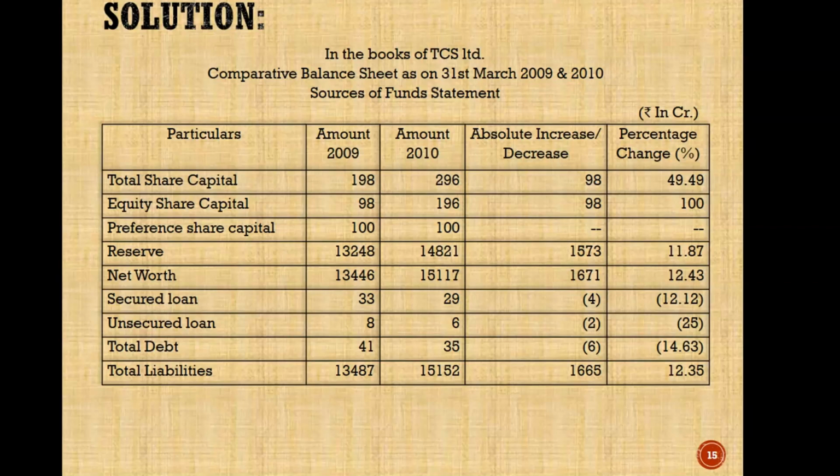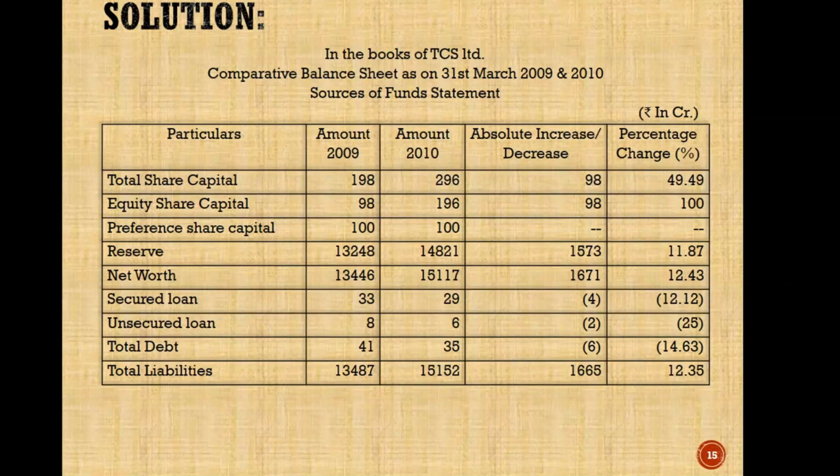So if it is an increase, we simply write the figure we arrive at. If there is a decrease, you can see that some figures I have written in a bracket. The bracket indicates a decrease in the amount. In case of total share capital, the amount has increased by 98, so there is no bracket because it has increased.